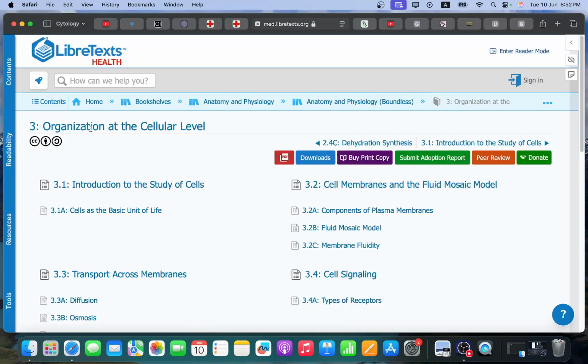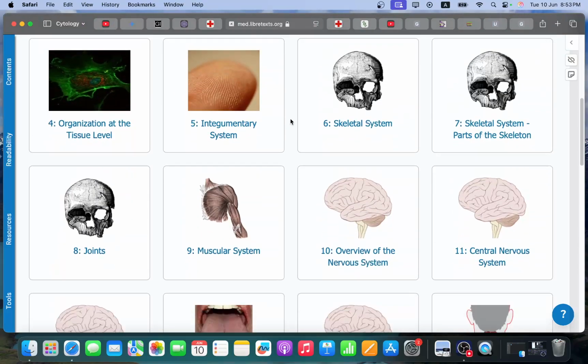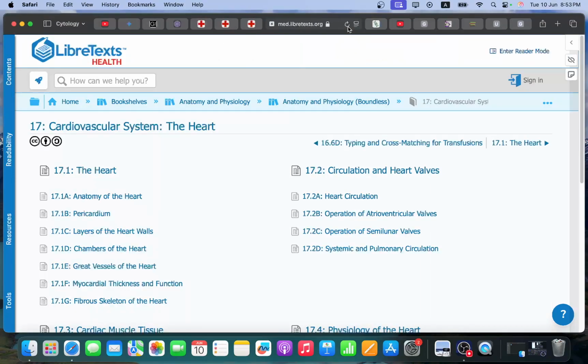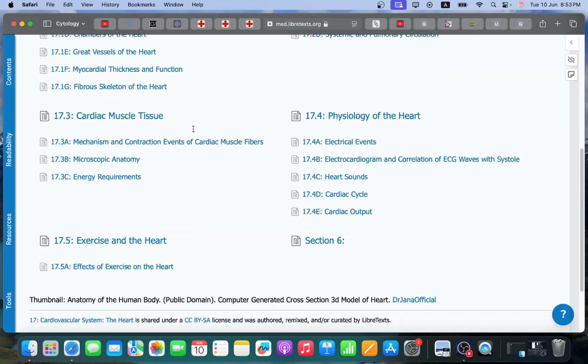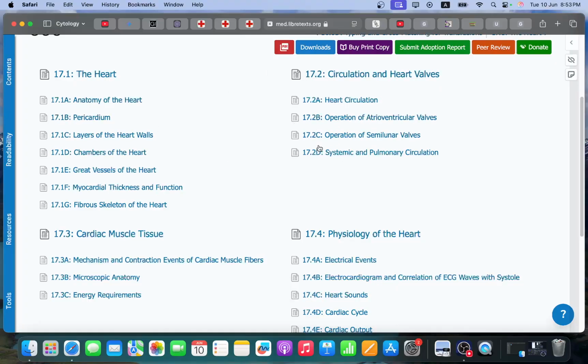So, we were trying to see this book. This is the book Anatomy and Physiology, and this is quite an extensive book. I just went to chapter 17, cardiovascular system, the heart. As you would have it, plenty of stuff to read.